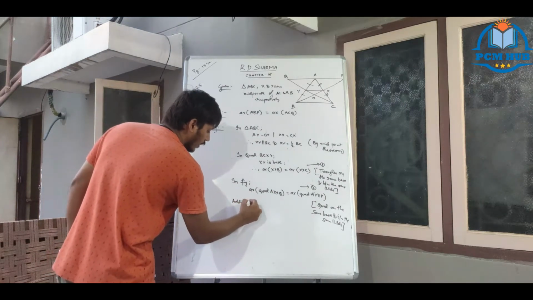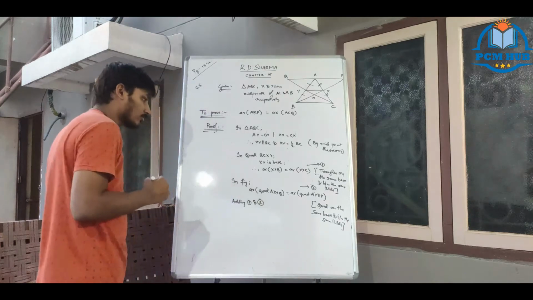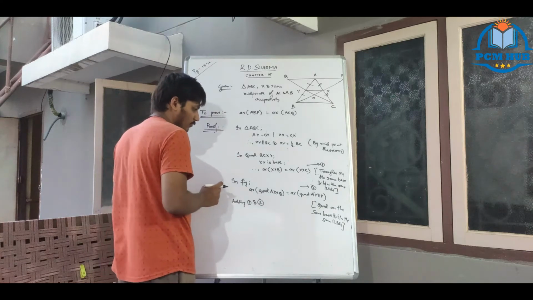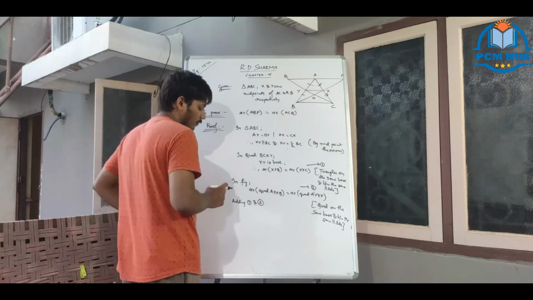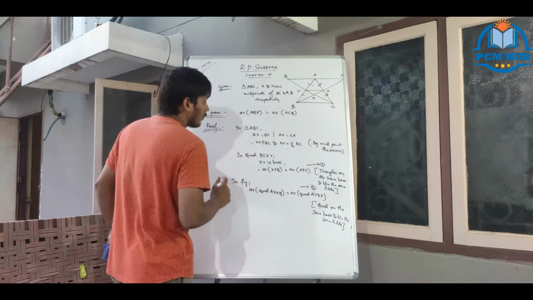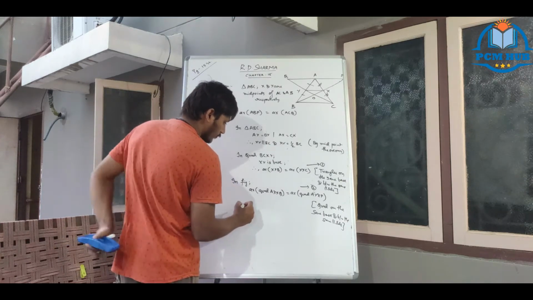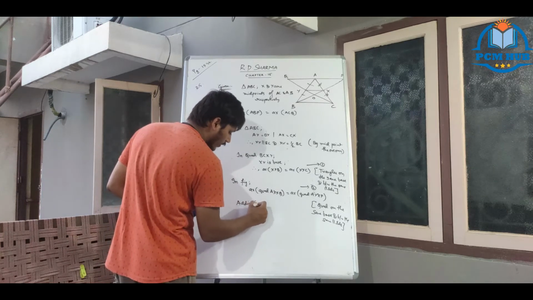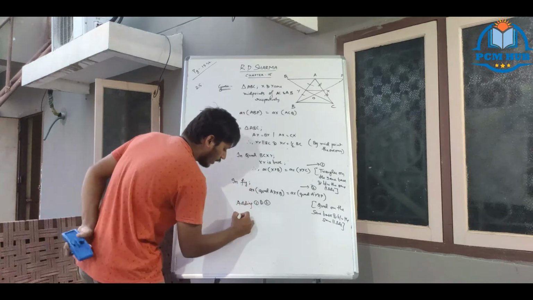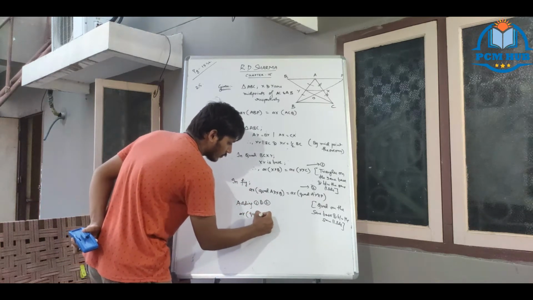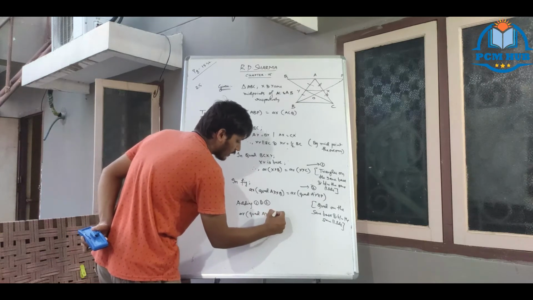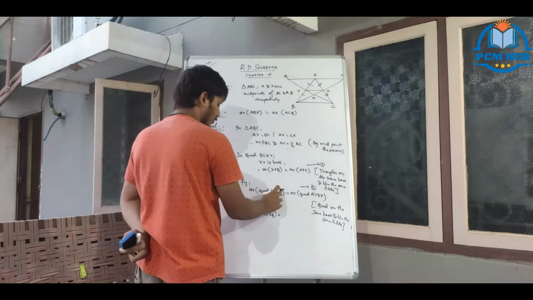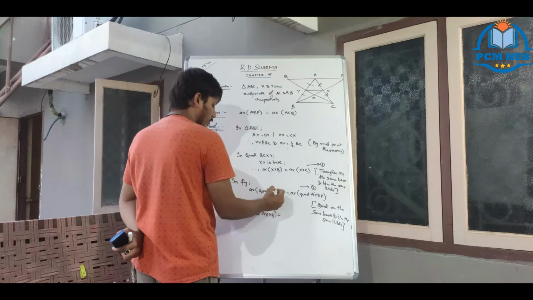Adding 1 and 2, we have area of quadrilateral AXYQ. What will we add with AXYQ? YXC.